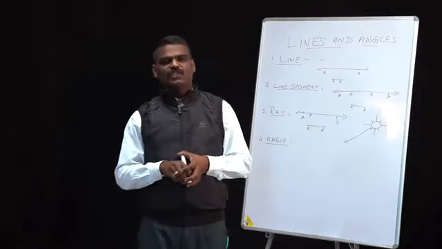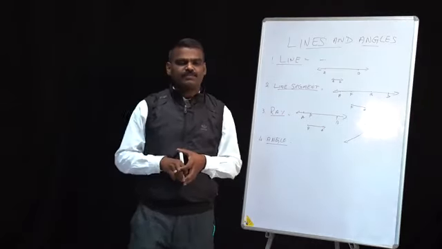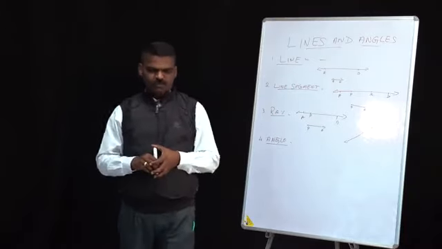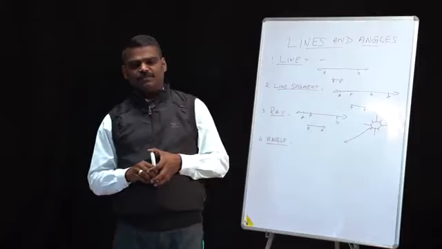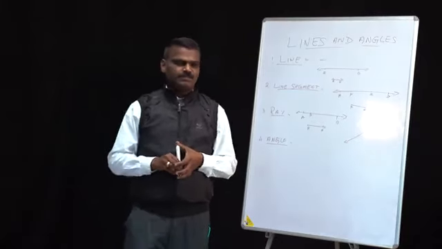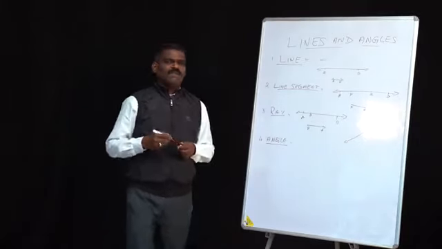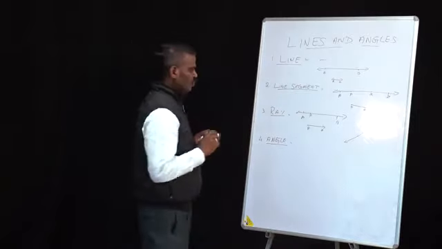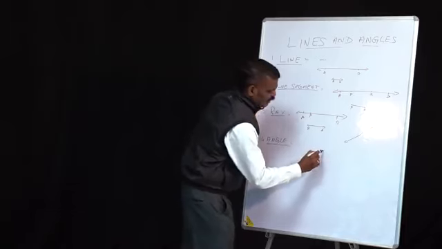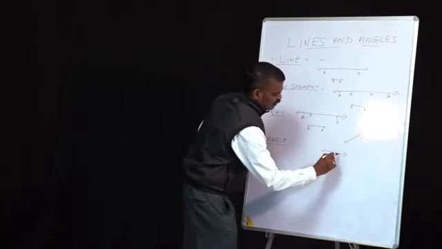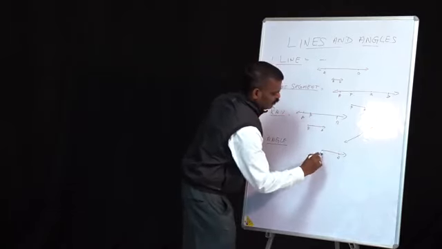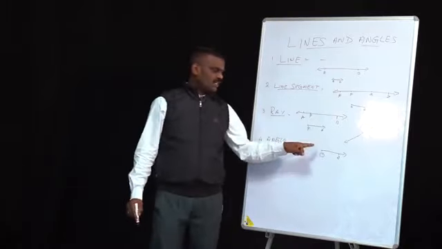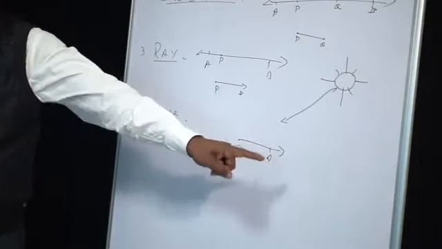Now comes the next point, angle. What is angle? When two rays meet: one ray AO, the ray AO starts at O and where it is going to end, do not know.